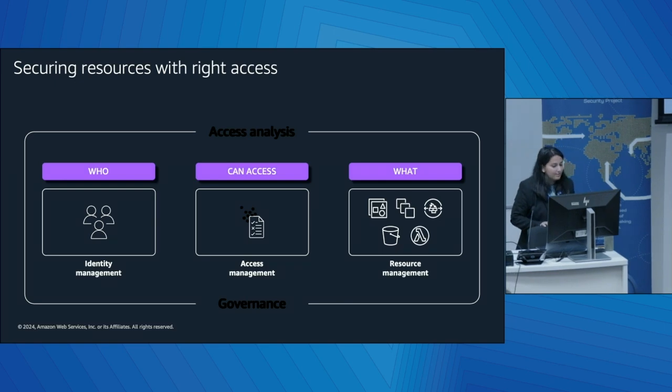As I said, secure resources with the right access, understanding who can access and what they can access. The responsibility is ours to identify that it is people, not a machine, who is trying to access, and what they can access.